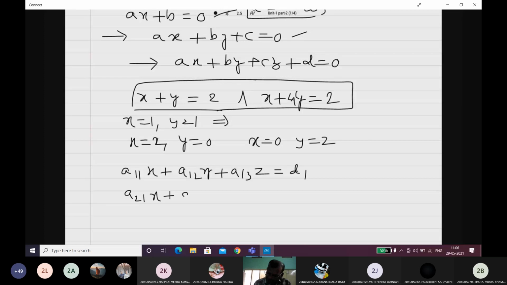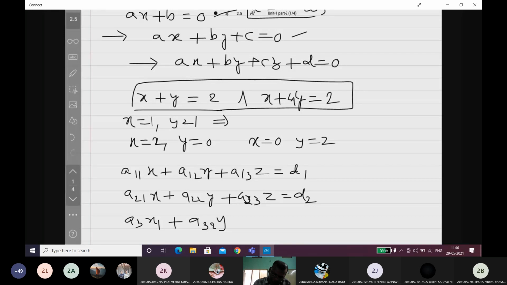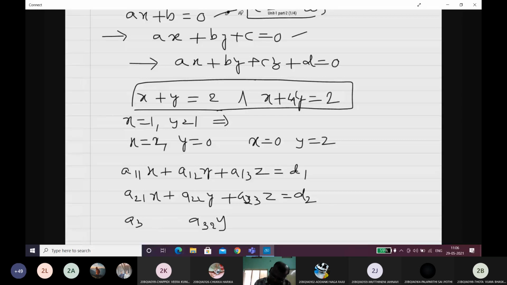A21x plus A22y plus A23z is equal to D2, and A31x plus A32y plus A33z is equal to D3.